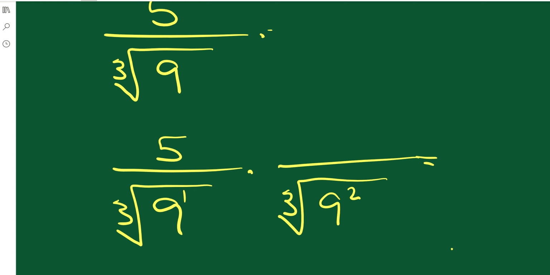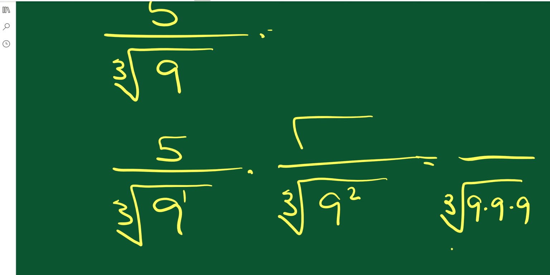Okay, so I had the denominator here was going to be the cube root of 9 times 9 times 9. And then remember, I'm doing it top and bottom, cube root, and I could say 81 here or 9 squared. Really doesn't matter.